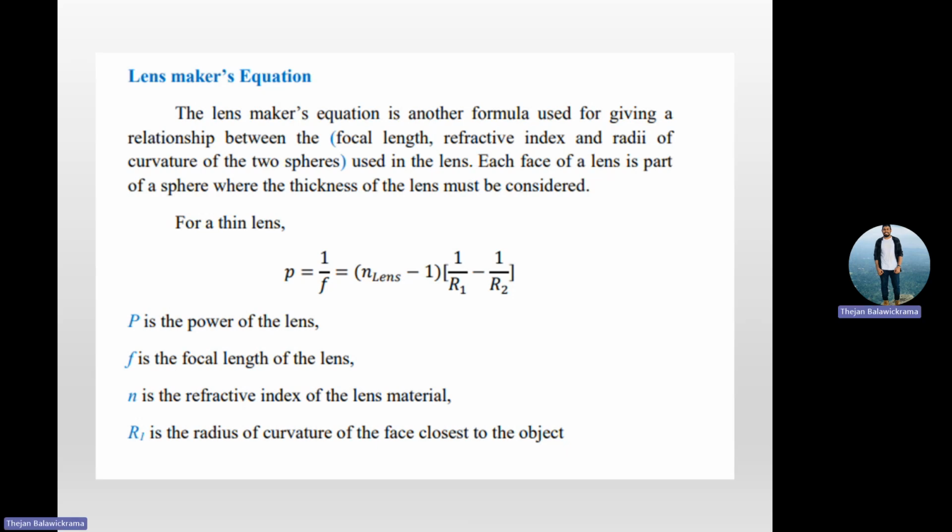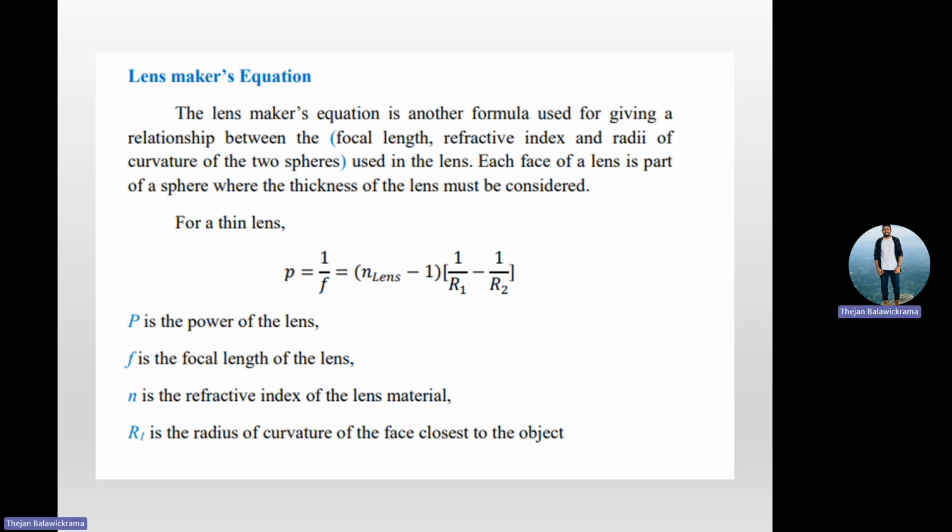Now you learn three formulas: lens equation, Newton's lens equation, and this is lens maker. It gives the relationship between the focal length, refractive index, and radii of curvature.